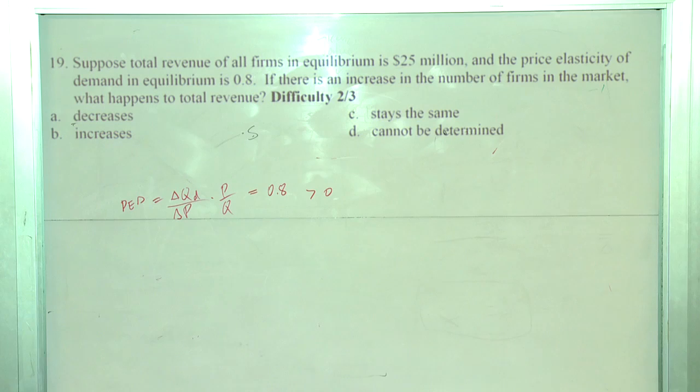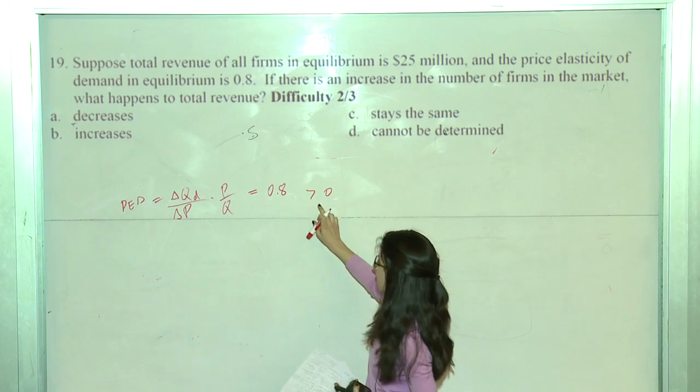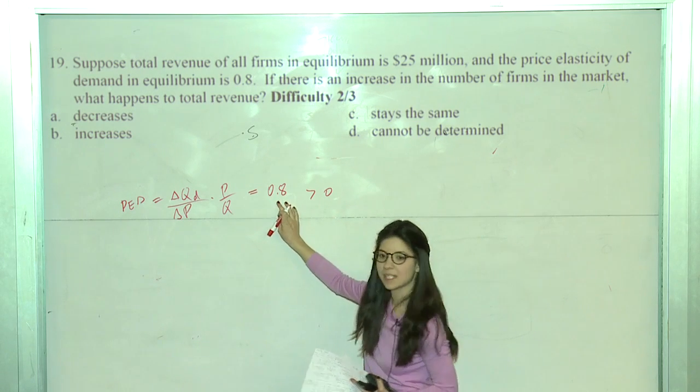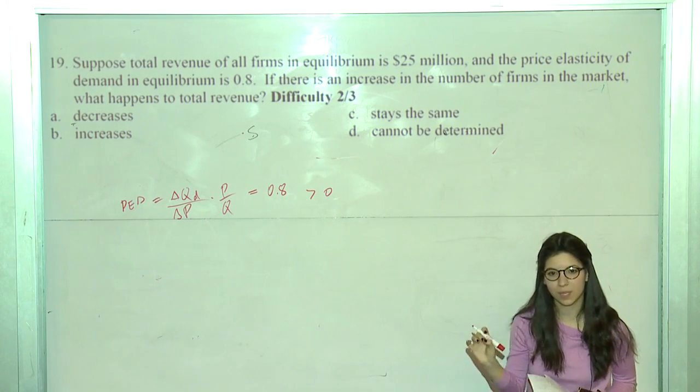What does that tell us about the kind of good that we're dealing with? It's slightly elastic. Slightly elastic? Elastic, yeah. Okay. We're getting to that in a second, but when the price elasticity is positive, what kind of good are we dealing with?